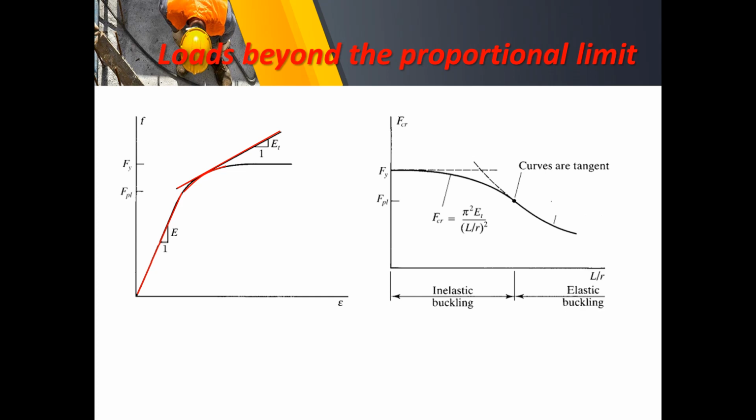Now let me emphasize here that in inelastic buckling, we have the so-called intermediate column, wherein the failure is a combination of yielding and crushing. While in the elastic buckling, the mode of failure is purely bending.